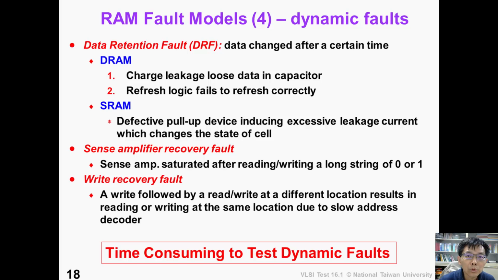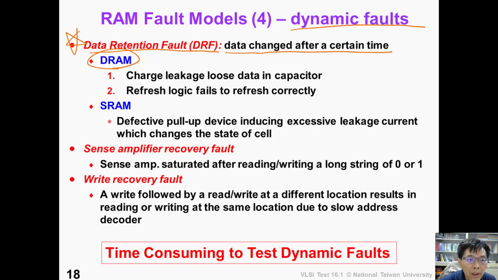Now let's move on to the last fault model, dynamic fault. The most important dynamic fault is data retention fault, DRF, which means data change after a certain amount of time. There could be several reasons for DRF.